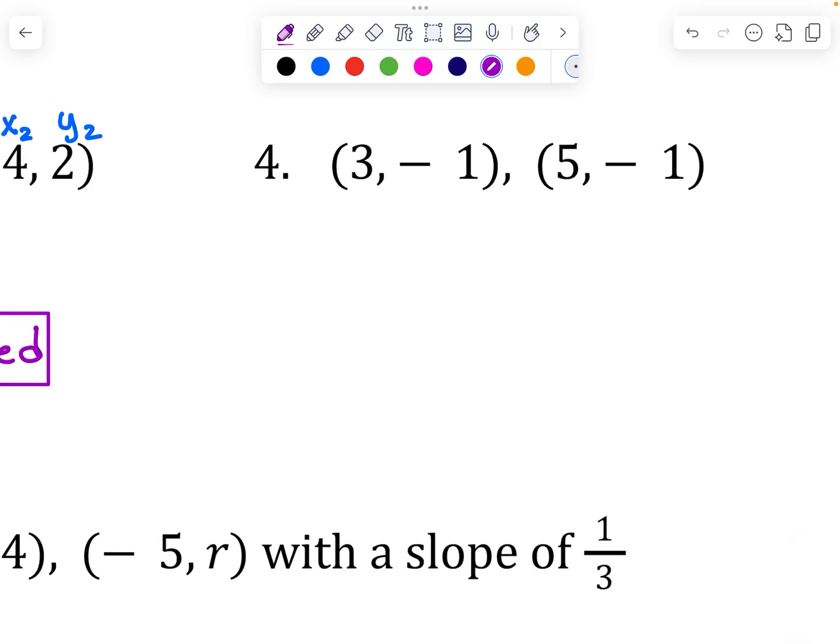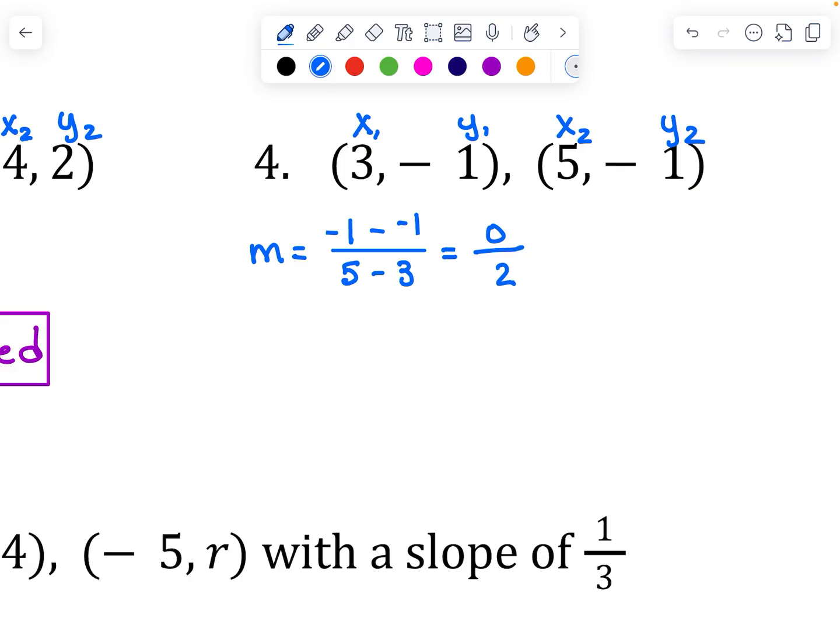Number 4, we have 3, negative 1, 5, negative 1. Again, I'm just going to label my points, x1, y1, x2, y2. So m equals y2, which is negative 1, minus y1, which is negative 1, over 5 minus 3. Negative 1 minus negative 1 ends up giving us 0. 5 minus 3 is 2.